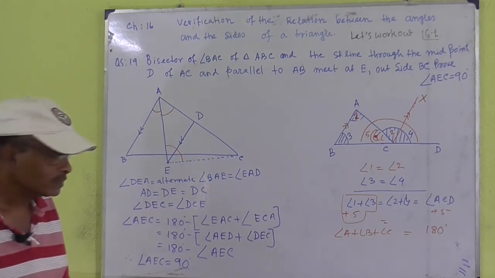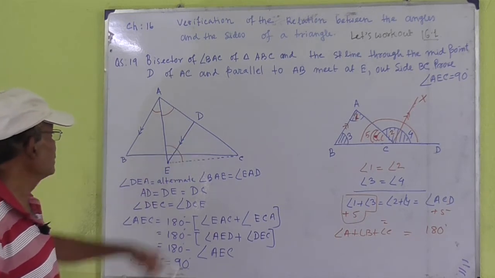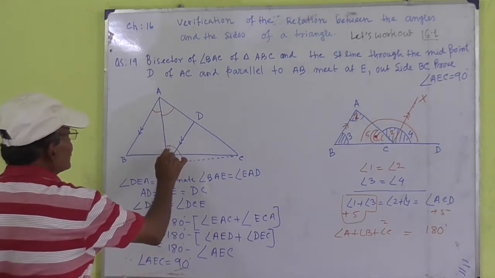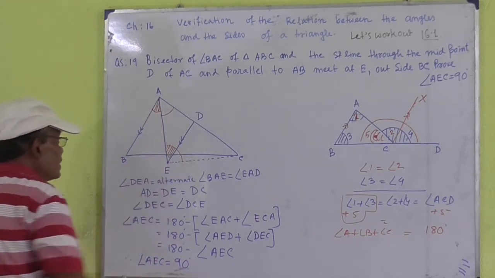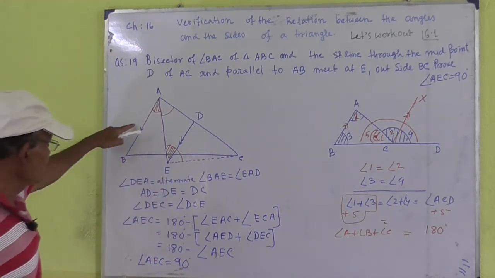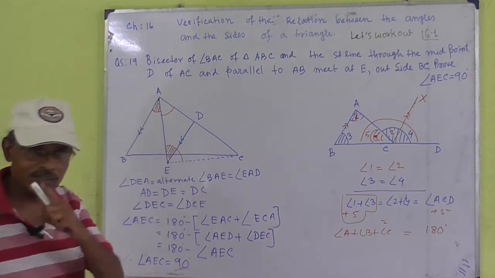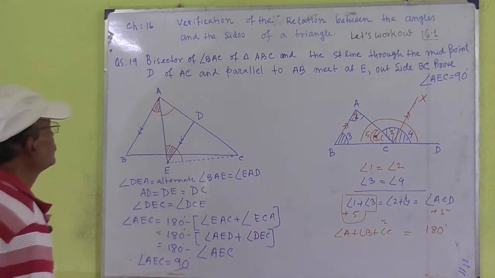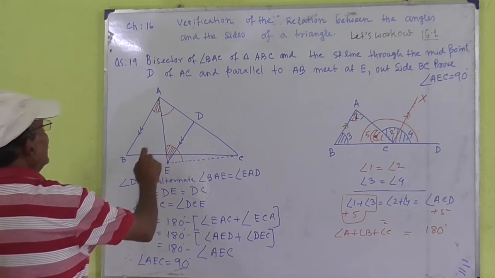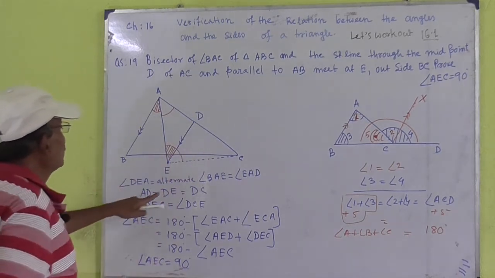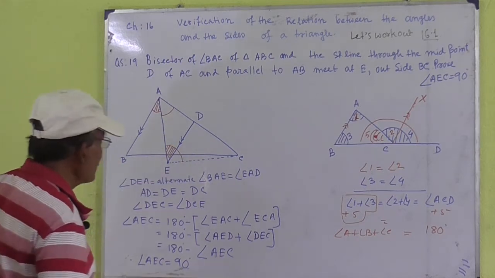How to prove? Angle DEA, that means this angle, equals the alternate angle, this angle, because these are parallel and AE is the transversal. So, angle DEA equals the alternate angle BAE, which equals angle EAD. Why?